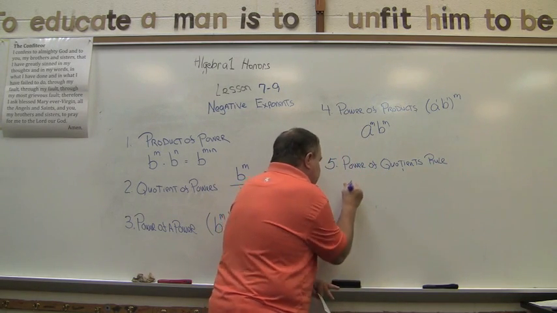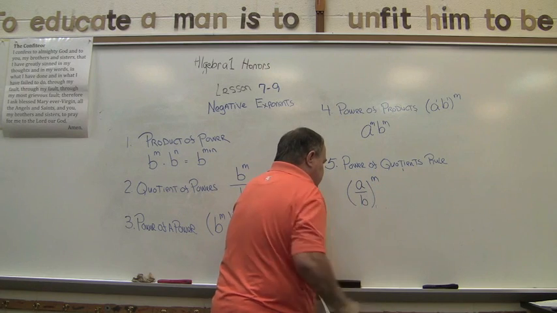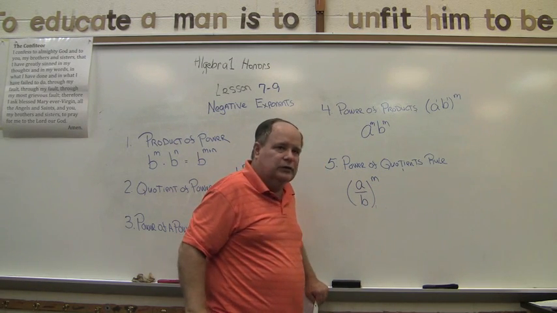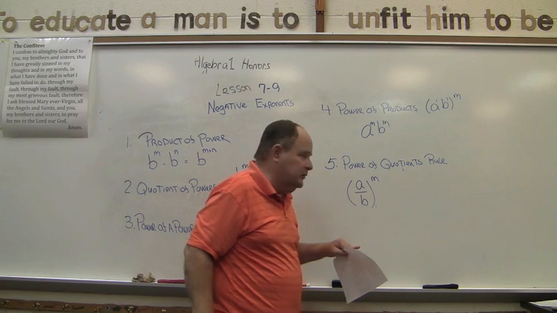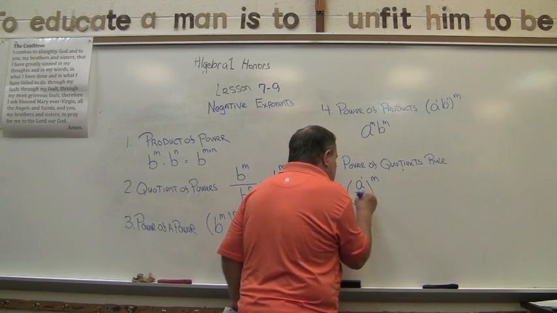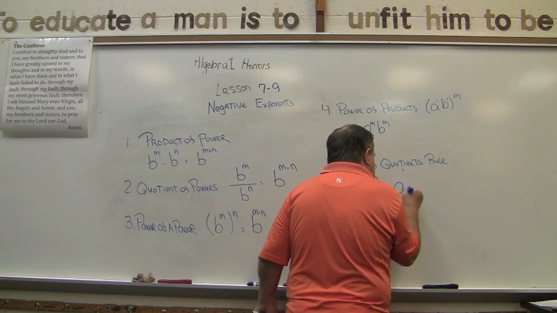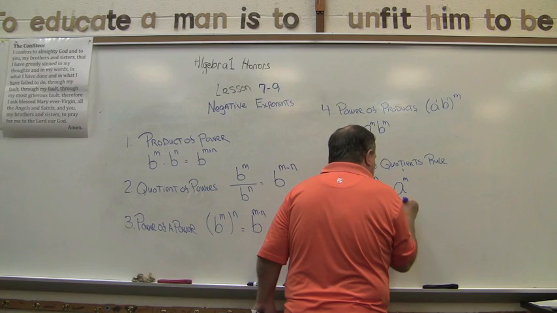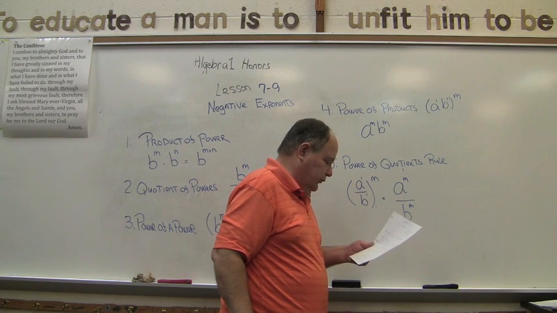We're going to be dividing a divided by b, and then we're going to have our exponent out here. And all this rule says is that each one of these has to be multiplied by the exponent. All right, inside we have an exponent of 1 here, an exponent of 1 here. So I have to multiply the top one, a to the m power, over b to the m power. And that's the power of quotient rule.